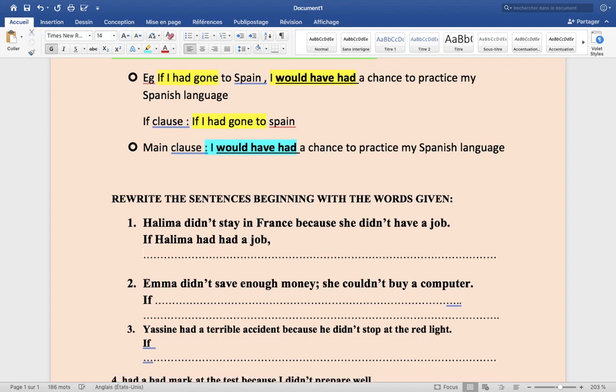This is the if clause, and then comes the main clause. If Halima had a job, what would have happened if she had a job?